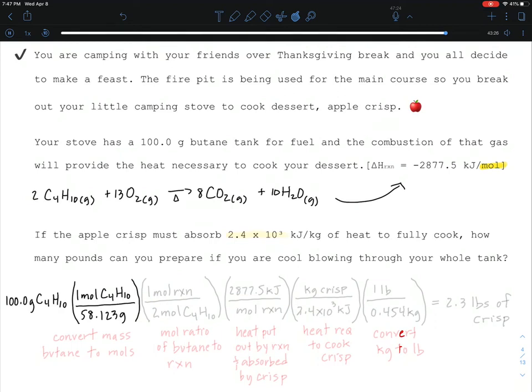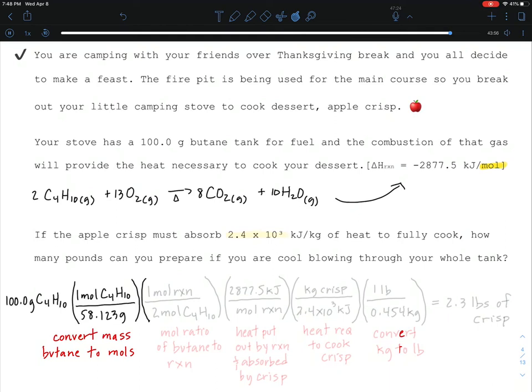So let me write that down. This is going to give me, so I'm converting here mass of the butane to moles so that I can use my balanced equation to see how many moles of butane I'm going to have per 1 mole of reaction. Because if I have 100 grams of butane, right, I'm going to have a little bit more than a mole.